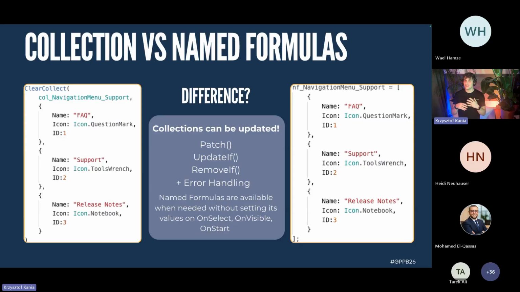They are like a collection, just storing table data. We can connect it to the data source, but we are not able to manipulate the data of a named formula table with users' actions. We are able to manipulate collections by updating them, adding new records, removing records. We can add some additional error handling into it.